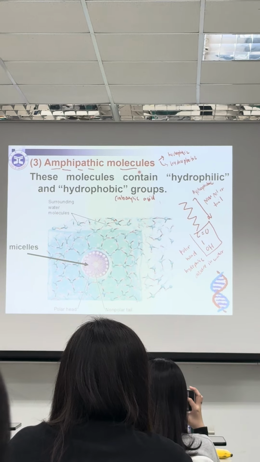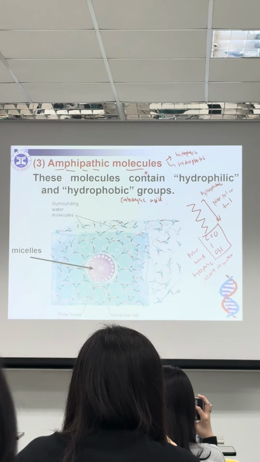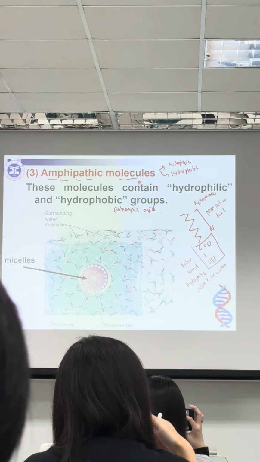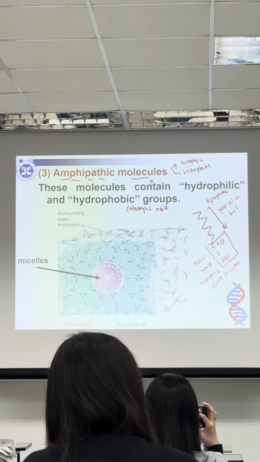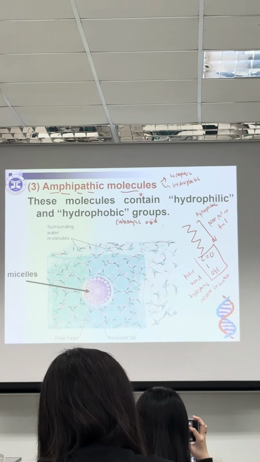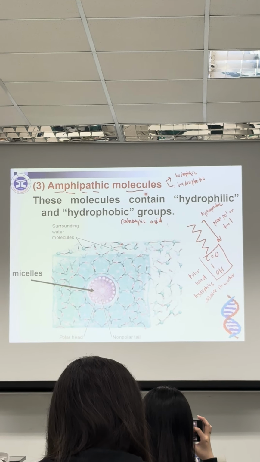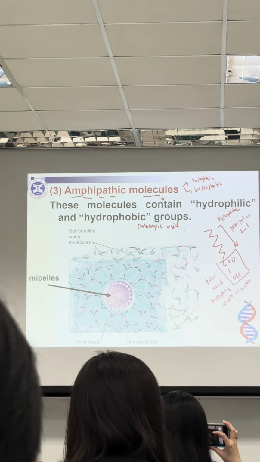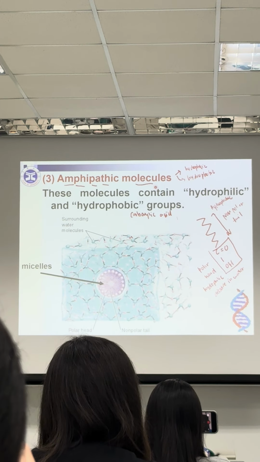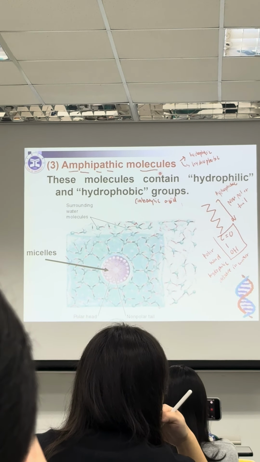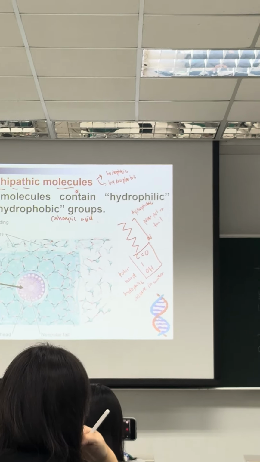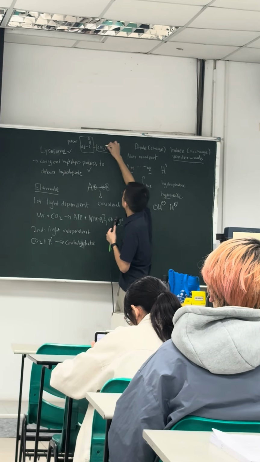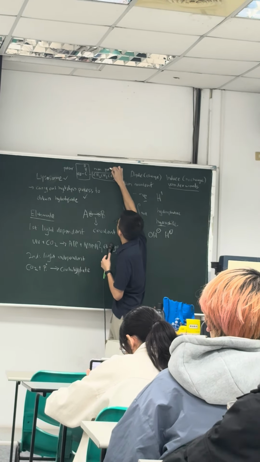Because we talk about hydrophilic and hydrophobic, there's another one, amphipathic. What is amphipathic? Amphipathic means a combination of hydrophilic and also hydrophobic. For example, this is polar and this is non-polar.